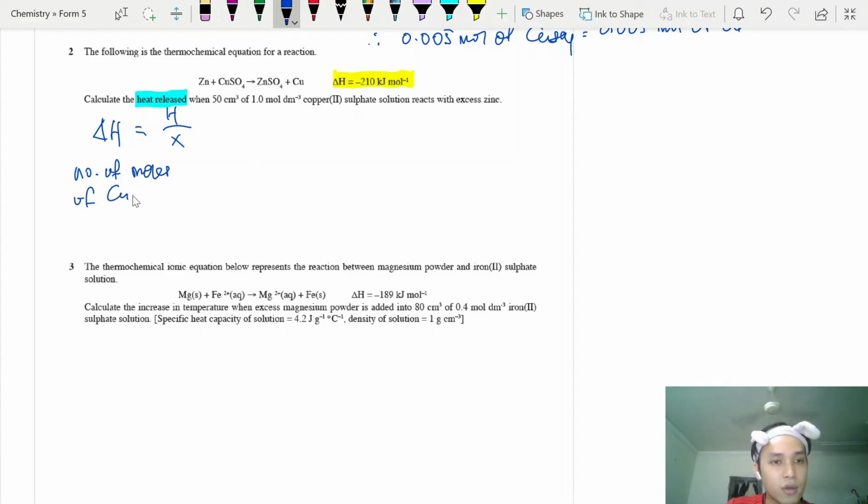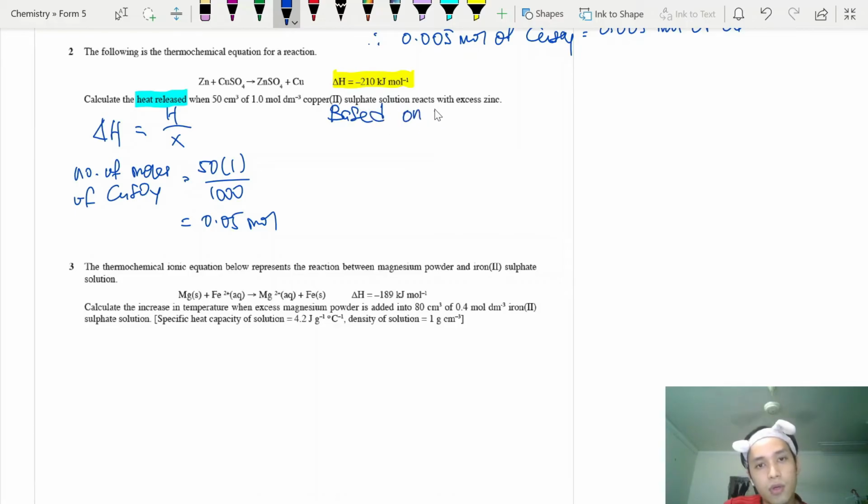Copper sulfate. 50 times 1 divided by 1000, MV over 1000. So 0.05 mole. And then, always need to write this based on the equation. What we calculated is copper sulfate.